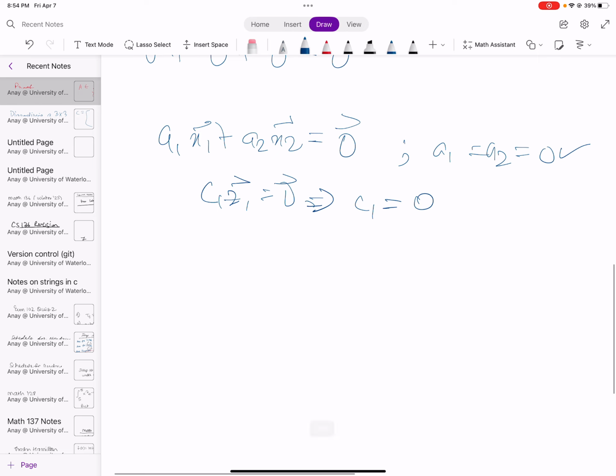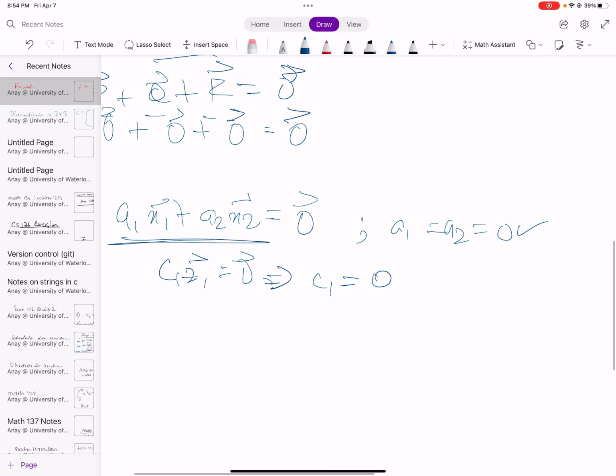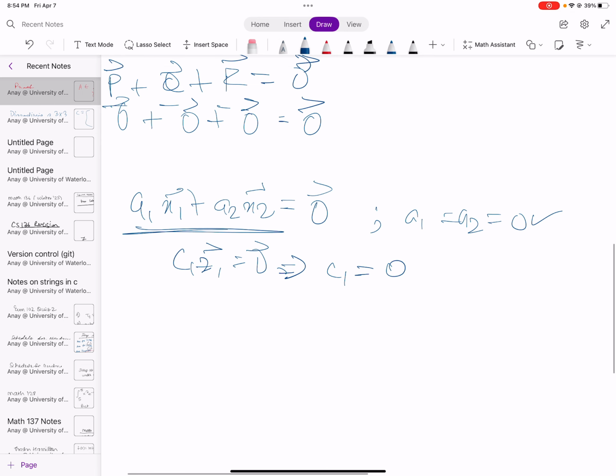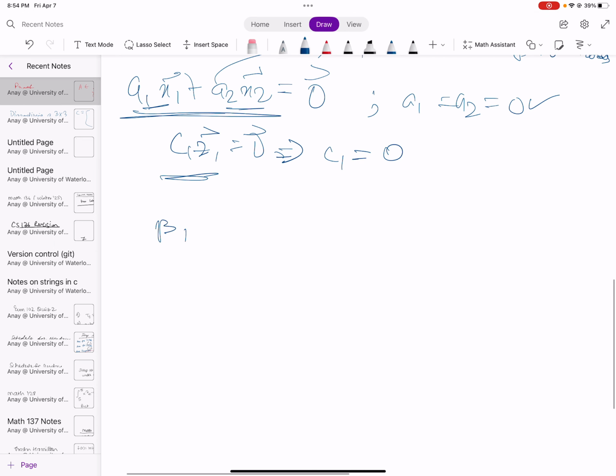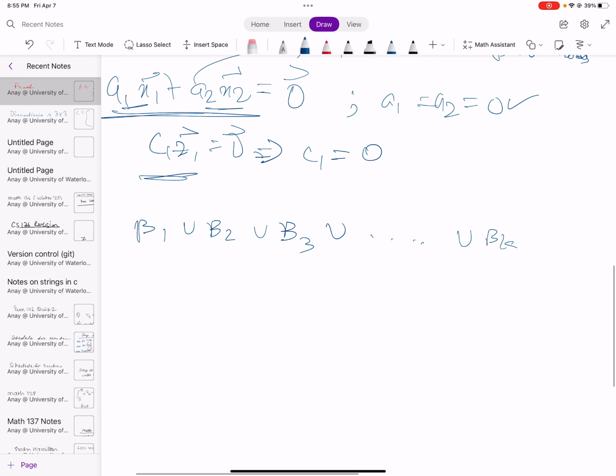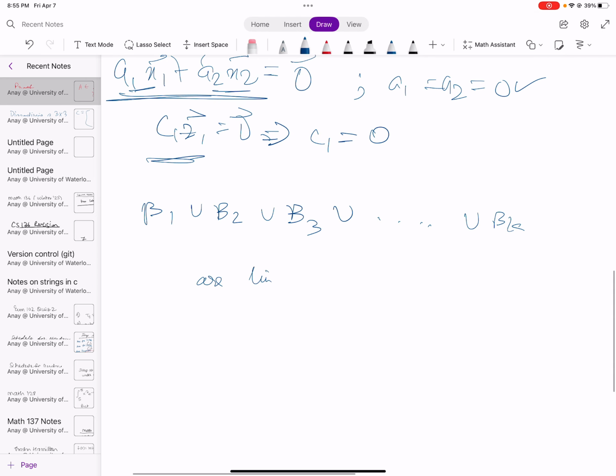So this basis holds because it contains linearly independent vectors. Similarly for this, and therefore we have b1 union b2 union all the other bases up to union bk, which in their combination are linearly independent. And this completes our proof.